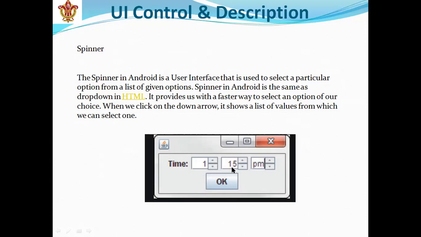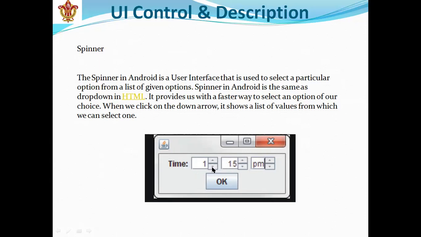We can select the hour or minutes here by these drop down arrows. We can select 1:25 by these drop down arrows. We can select AM or PM according to the time. We can move up and down. So these up and down arrows are called the spinner in Android.